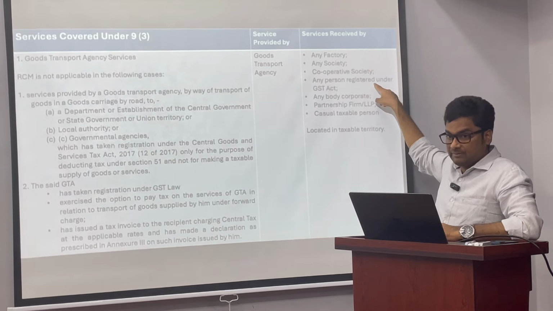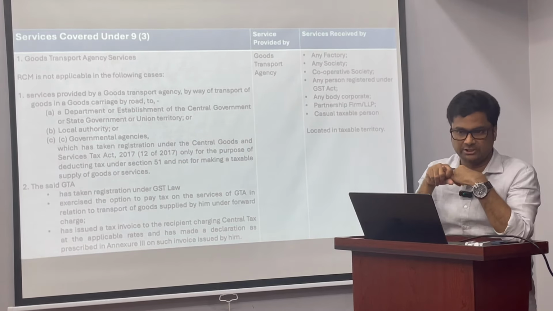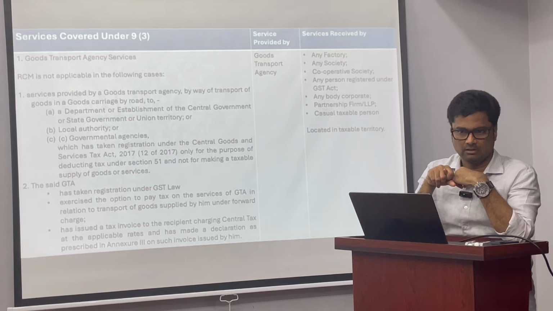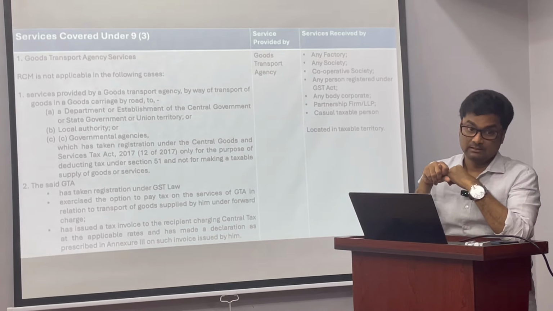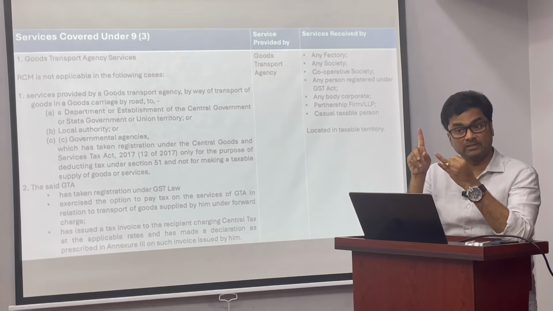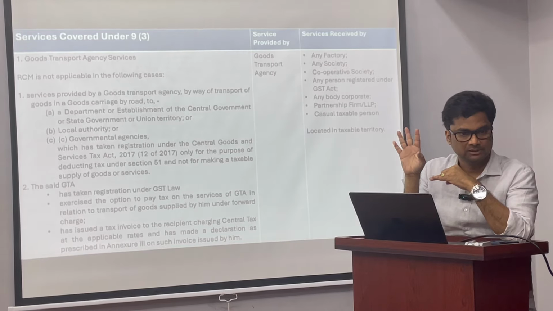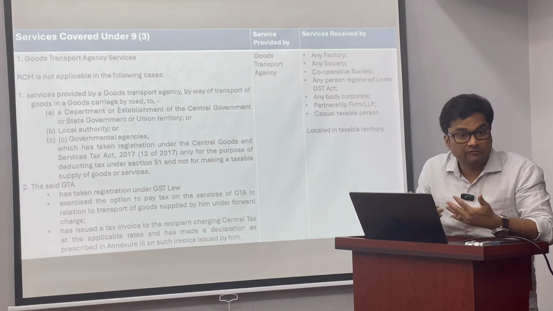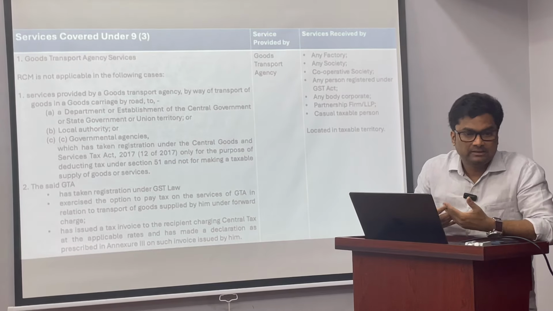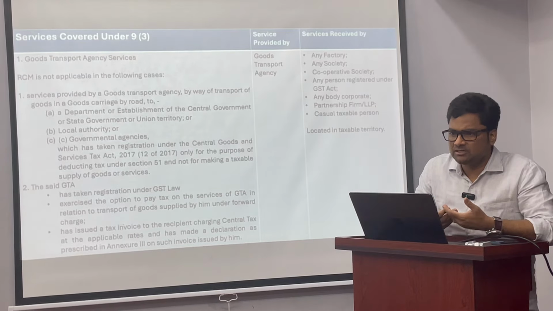If that registered person, the service recipient, is a government organization, and they are registered only for the purpose of section 51, not under section 22 or 24, not for supply of goods, they are not taxable on their outward supply. Then the Ministry of Finance is there.